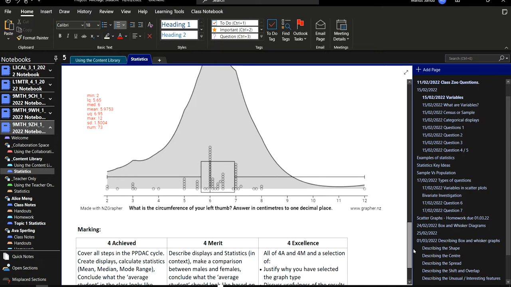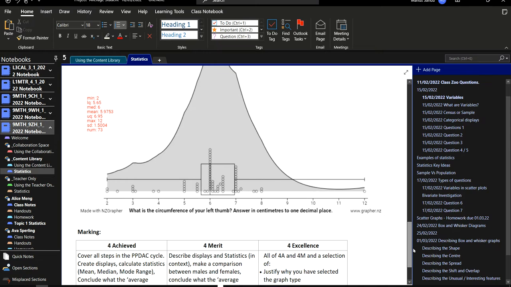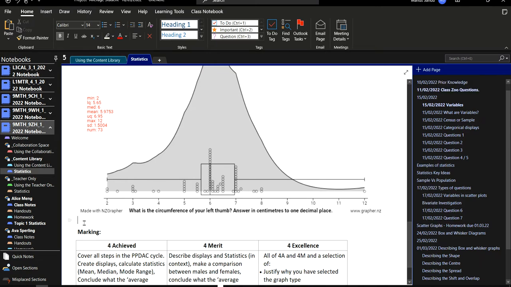What does the graph tell me? What can you tell me from the graph? I've got some spare ones of these in case you needed them. Thank you. What can you tell me from the graph, guys?